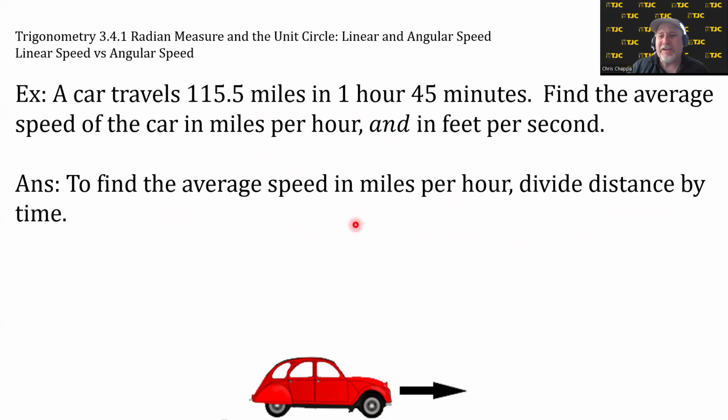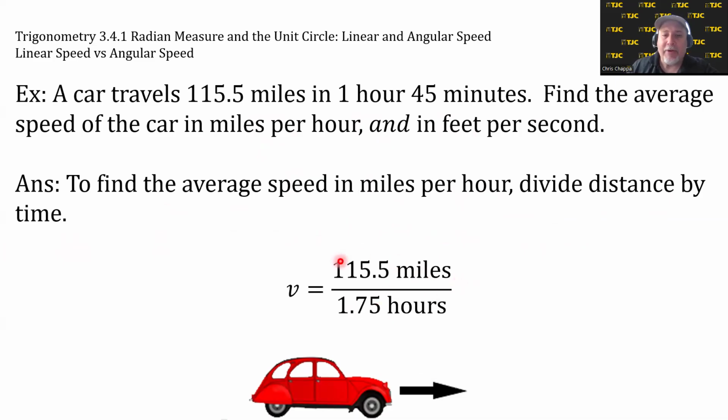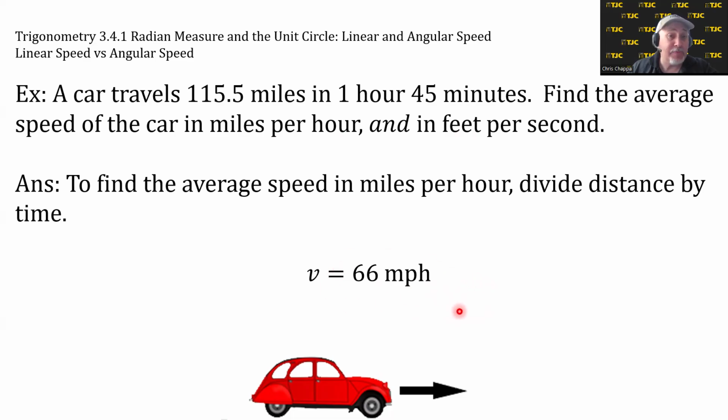To find the average speed in miles per hour, divide distance by time. Speed equals distance divided by time. Our distance is 115.5 miles. The time is 1.75 hours. And if we divide that, we get exactly 66 miles per hour.